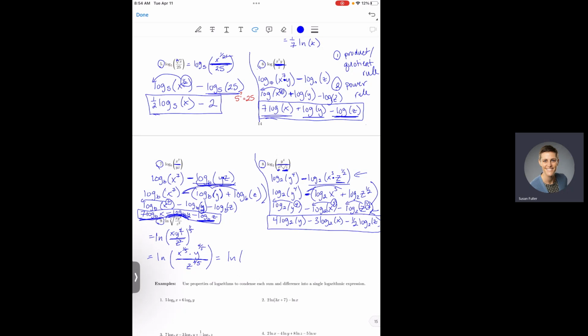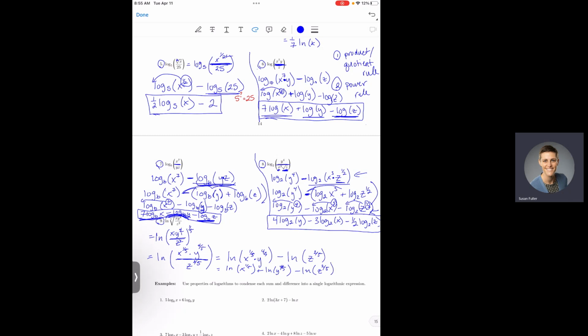So this will be the ln of the top, x to the 1/5 times y to the 4/5, minus the ln of the bottom, which is z to the 2/5. And we've got multiplication in here, so we'll split that. So this is going to be ln of x to the 1/5 plus the ln of y to the 4/5 minus the ln of z to the 2/5.